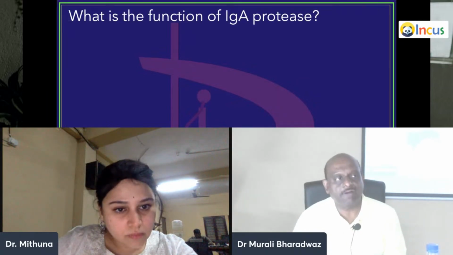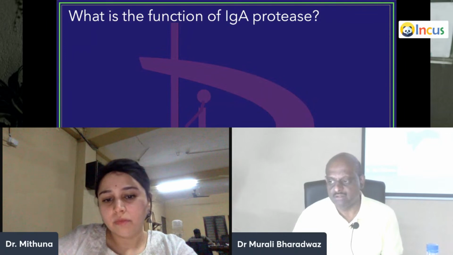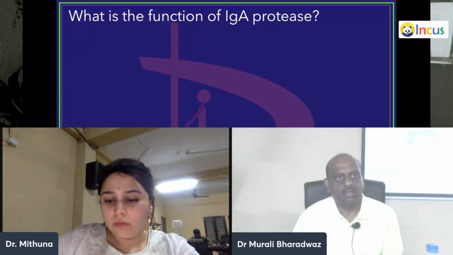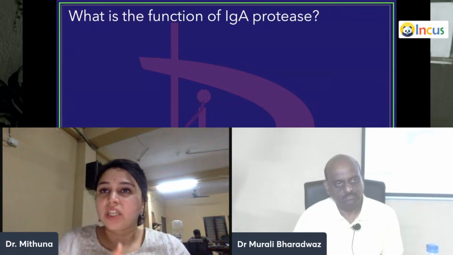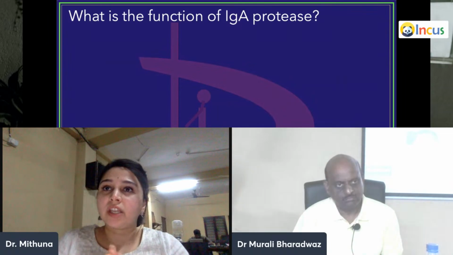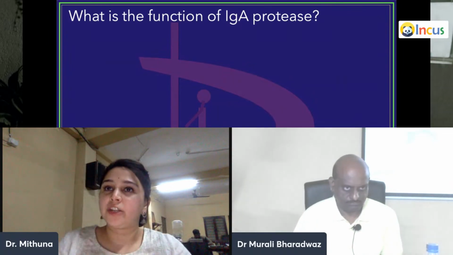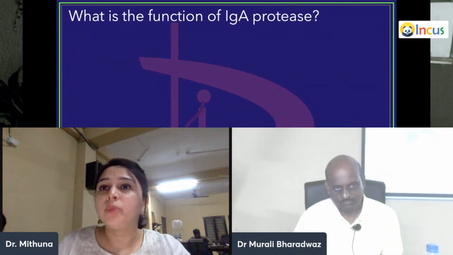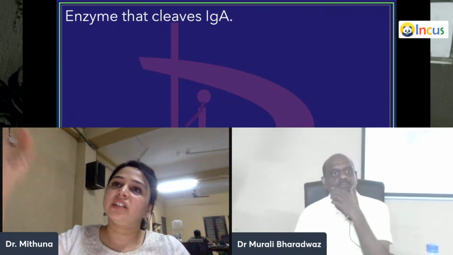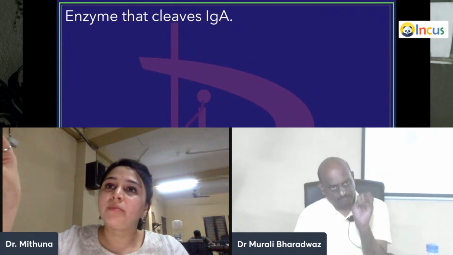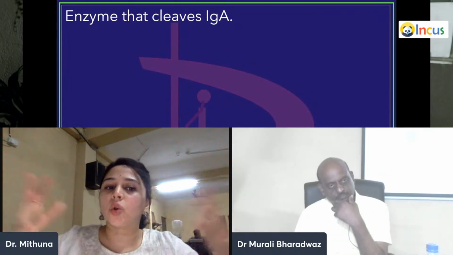What is the function of IgA protease? Protease is an enzyme. It cleaves the IgA, and you see IgA in the mucosal layer, in the respiratory tract, and in the gut mucosa. So it cleaves the IgA so that the bacteria can easily adhere to these mucosal membranes, produce colonies and grow there.